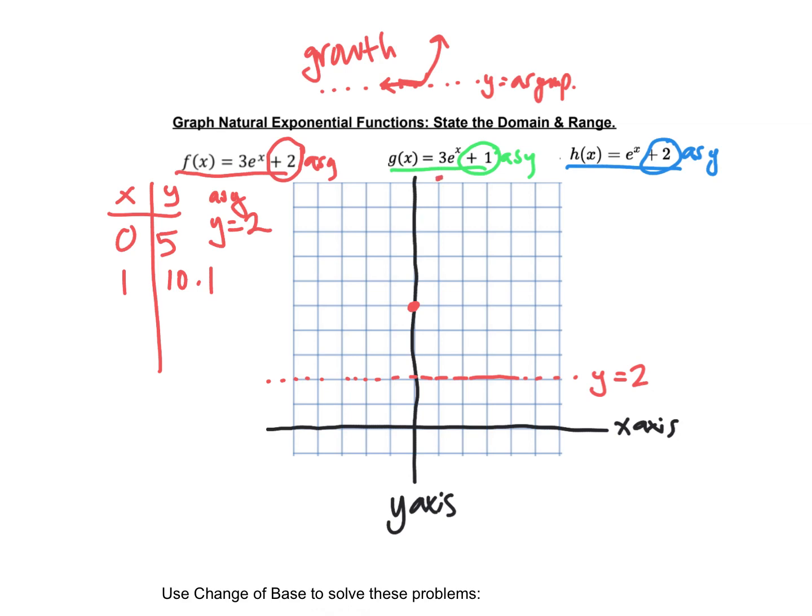There we go. Okay, and then actually I'm going to put in a negative number because it's always good to do a negative number. Now a negative number, 3 e to the negative first power plus 2. Plug that into our calculator, and we're going to end up getting 3.1. We do e to the negative first power, so second ln negative first power times 3, and then plus 2.